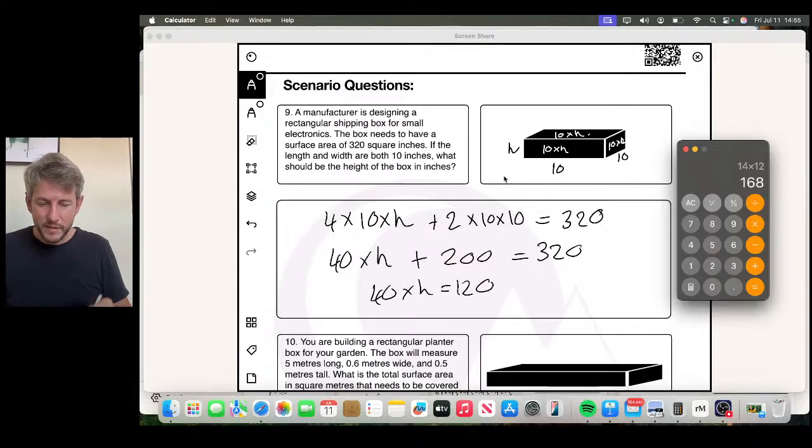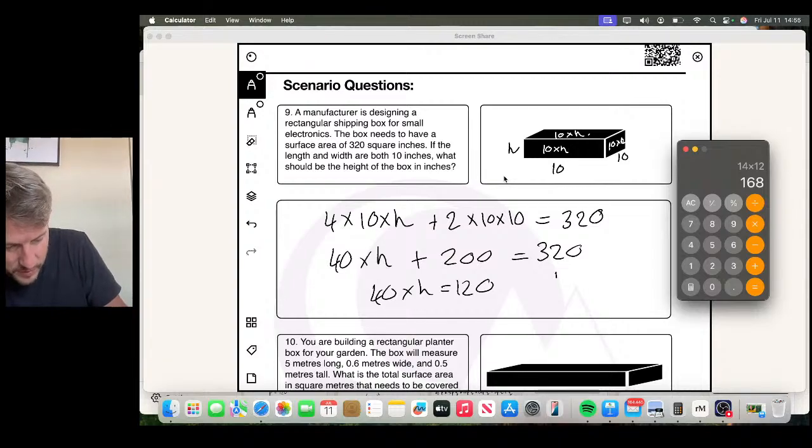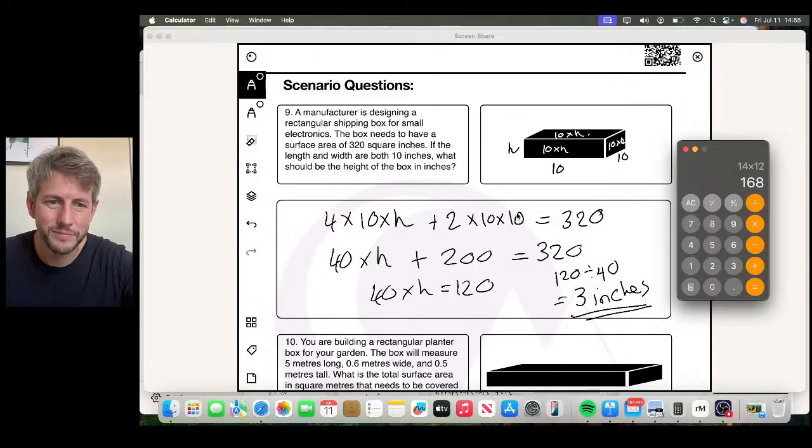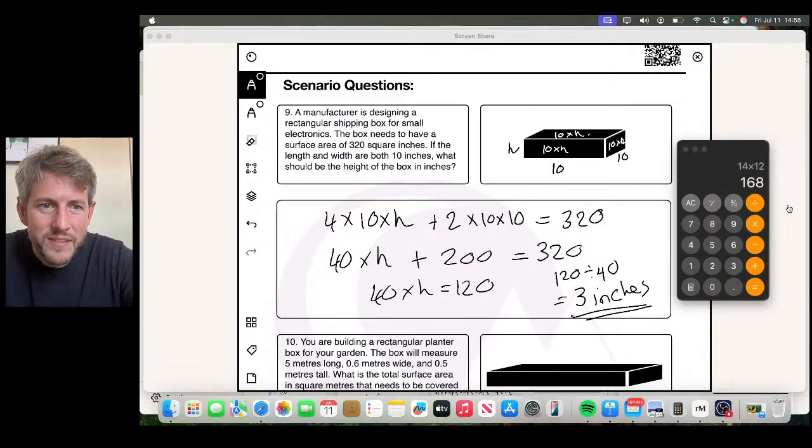Okay, and then to find out what the height is, we just need to do 120 divided by 40, and that will equal 3. So the height has to be 3 inches.